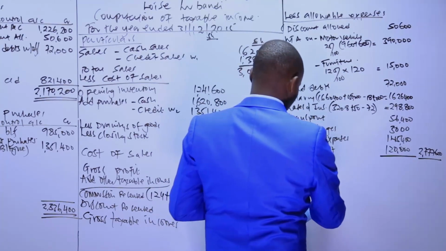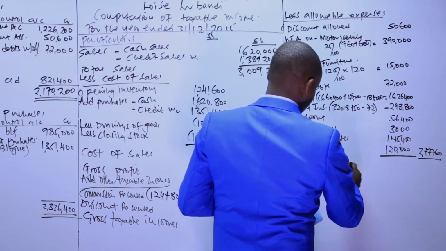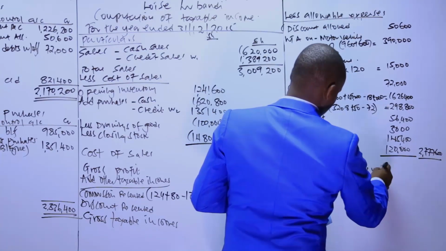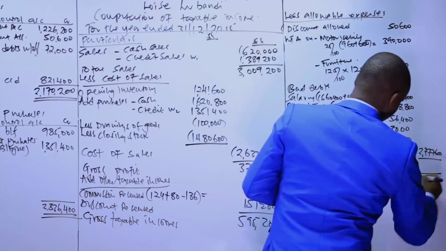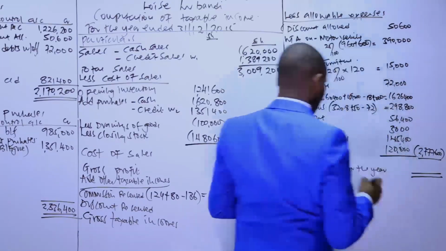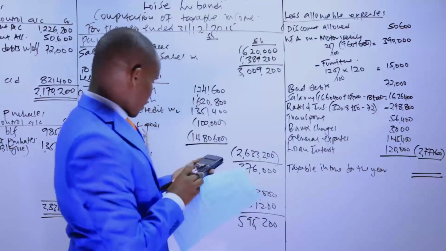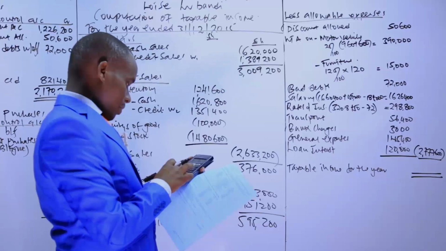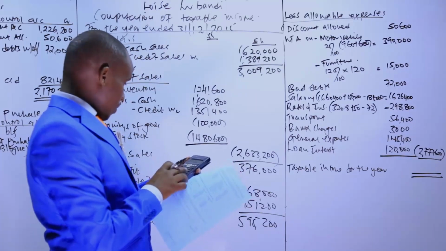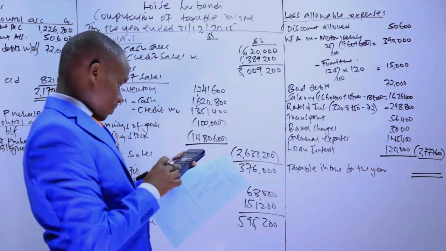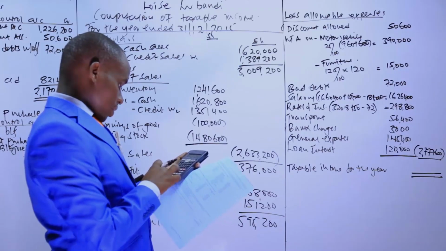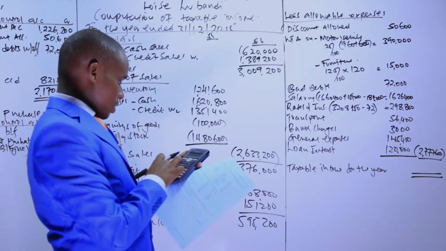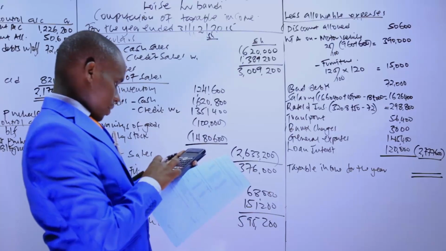So you get taxable income for the year. Taxable income for the year will be equal to now 595,200 minus 2,777,600.